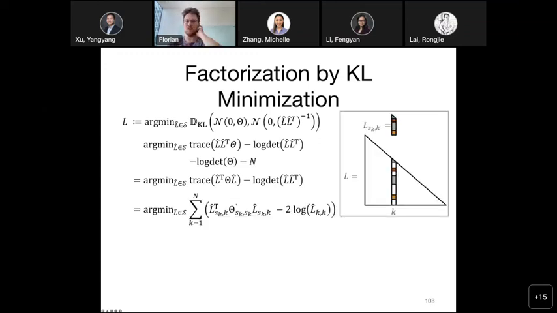And if we write this out now, we observe that actually this optimization problem decouples, meaning that we can write this as a sum where each summand only depends on a single column of L, or more exactly on the entries within the sparsity pattern of that single column of L. So I should maybe have mentioned, we're optimizing here over all L's in this S, meaning over all the L's that have a given sparsity pattern.